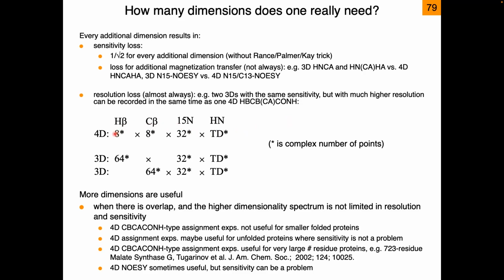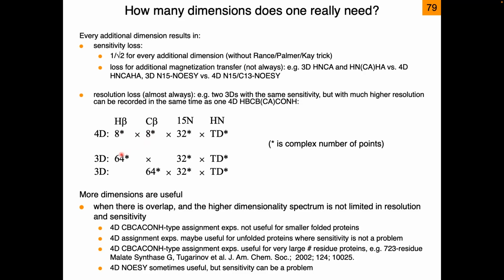For example, I could do it as a 4D with 8 complex points in H beta, 8 complex points in C beta, and then these points in N15 and proton. This 8 complex points is 16 real and imaginaries, so it's 16 times 16 increments, 256 increments.